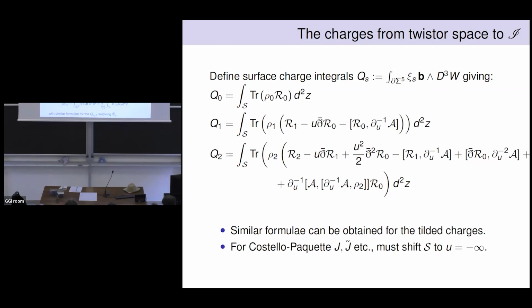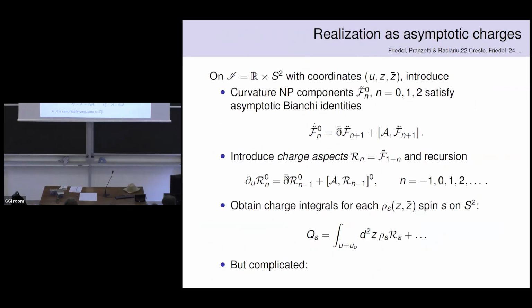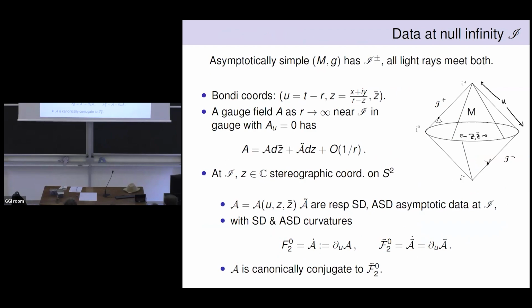But on the other hand, if you go back to where we go to scri and have both an A and an A tilde, the A tilde is obviously the ASD part.